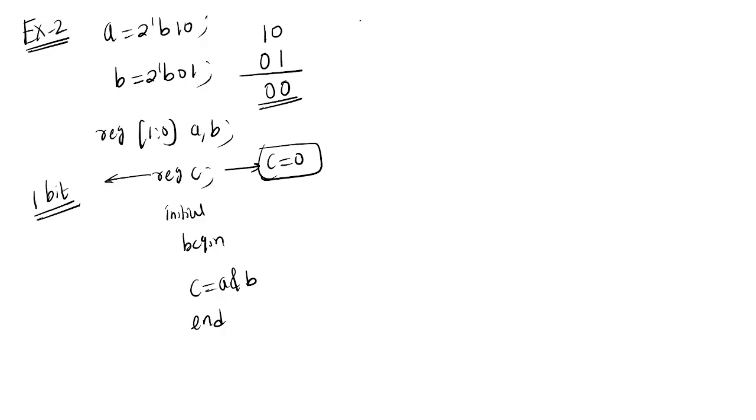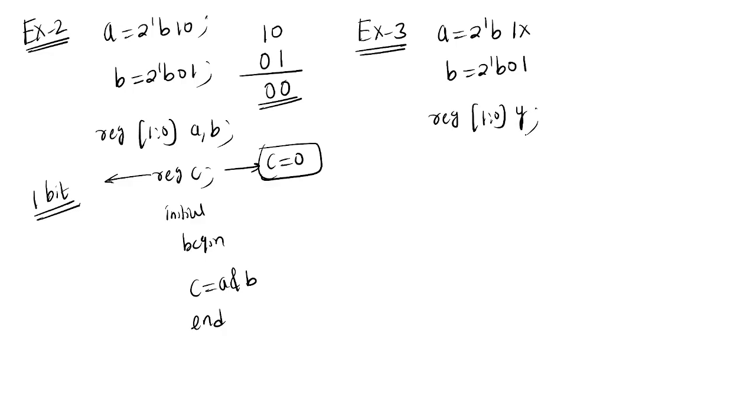Next let us take example 3. A equal to 2'b1x, b equal to 2'b01. I'm using reg [1:0] y equal to a logical and of b.